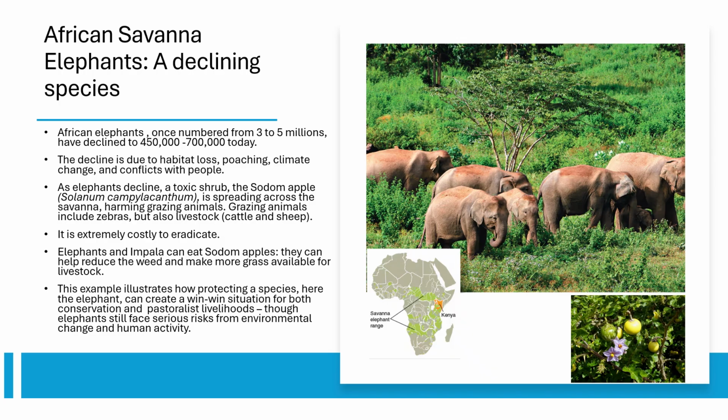So the efforts that aim at making the population of elephants rebound really illustrate how protecting one species, for example the elephant, can create a win-win situation for both conservation and for pastoralist livelihoods.